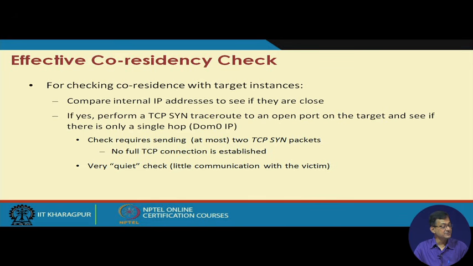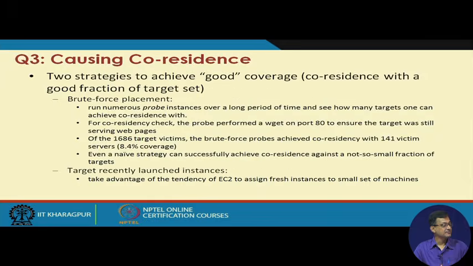If yes, perform a TCP SYN traceroute to an open port on the target and see if there is only a single hop, the Dom0 IP. The check requires sending at most 2 TCP SYN packets; no full TCP connection is established. It is a very quiet check with little communication with the victim. So, these are checks done in a quote unquote non-invasive manner, meaning the victim is not aware. So, you are basically cross-checking whether there is co-residency.